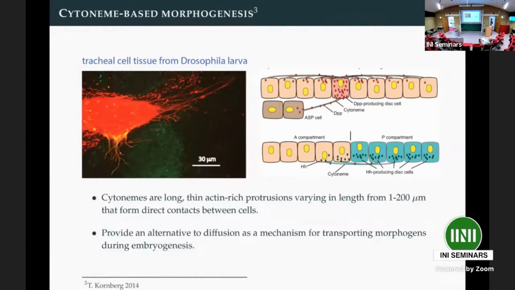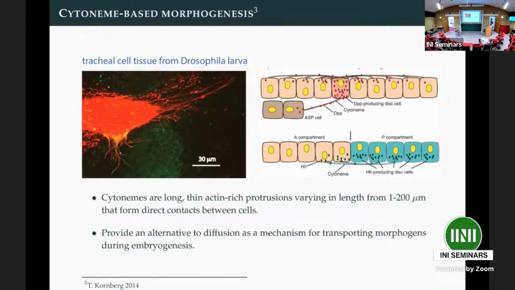So that's the first point. These provide an opportunity for cells during morphogenesis to directly speak to each other without having to do it using paracrine signaling, you know, by diffusion of molecules. Here's an example.